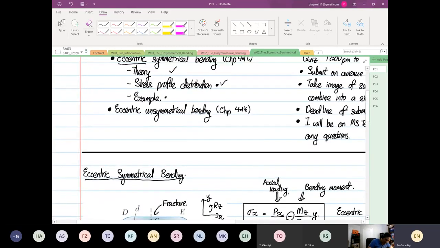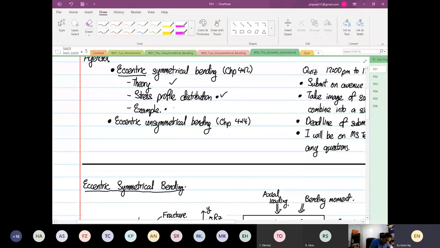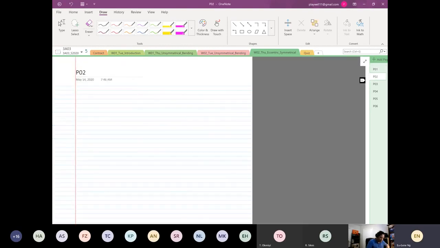From this example, I want you to learn how to find the actual position of the neutral axis. And there's a formula involved. I tend to avoid those formulas. I want to do it simple for you guys. Okay, now let's look at the example.